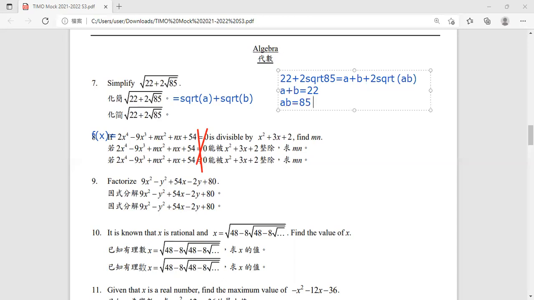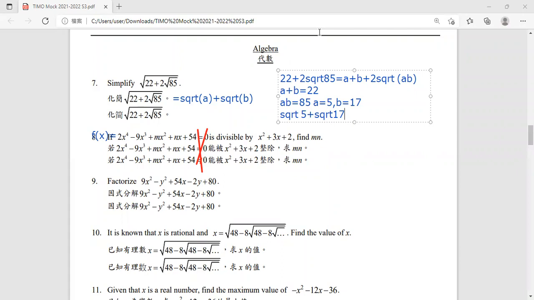It is obvious that A is equal to 5 and B is 17, or vice versa. So the answer here will be square root of 5 plus square root of 17. Of course, the two numbers can be swapped.